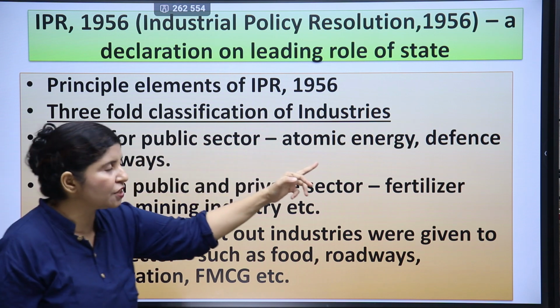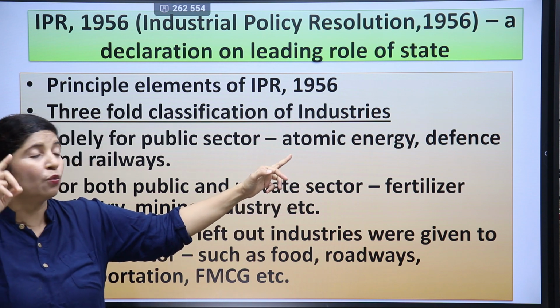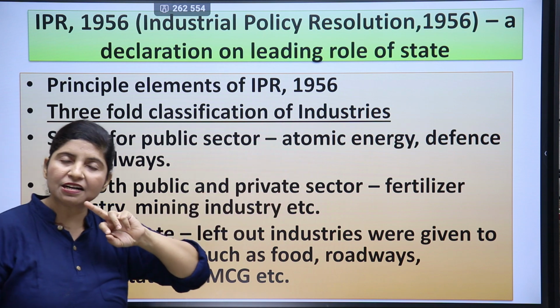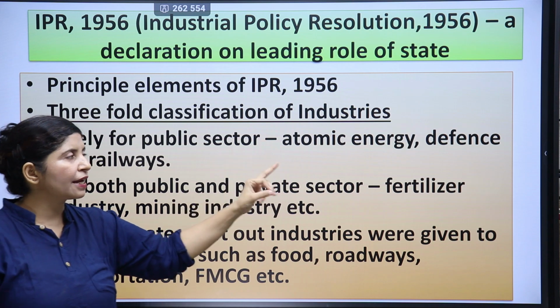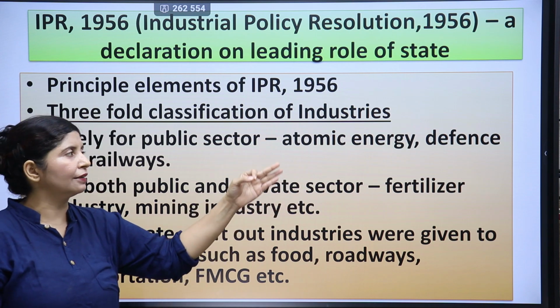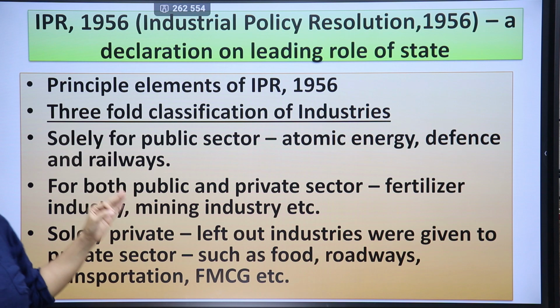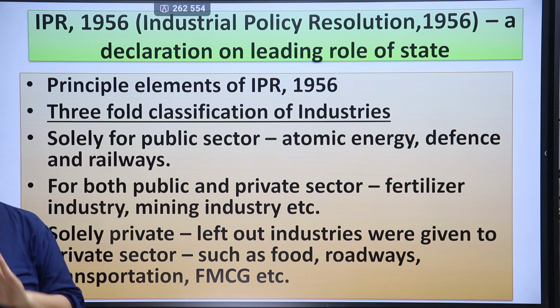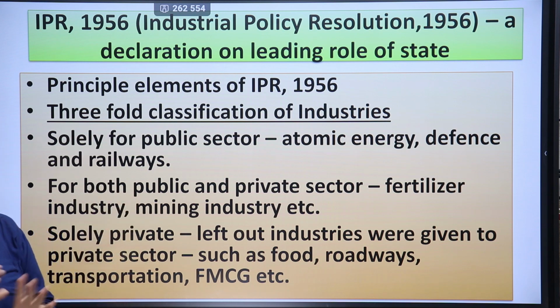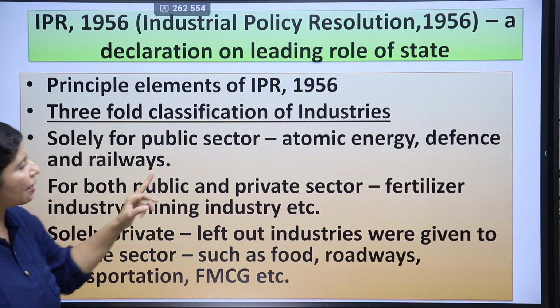Atomic energy was to be controlled only by the public sector. No private sector could produce atomic energy commodities. Then defense and railways were to be controlled solely by the public sector, and not given to the private sector.